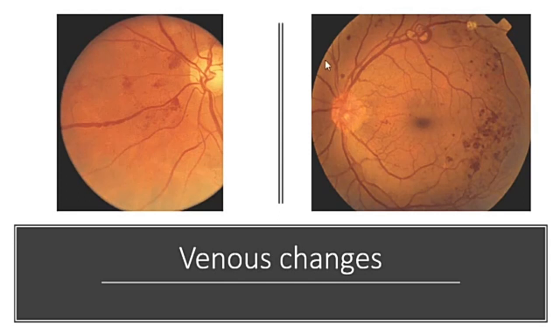Beading is also where you can see little bead-like structures where the vessels start to look like little beads, and sausage-like segmentation where the vessel looks like a string of sausages.